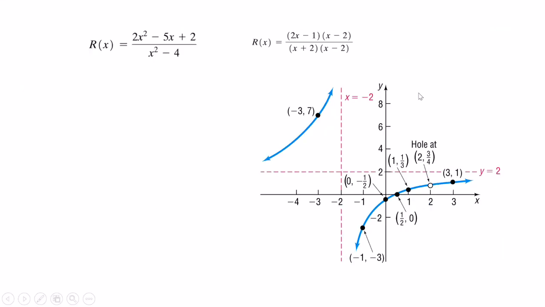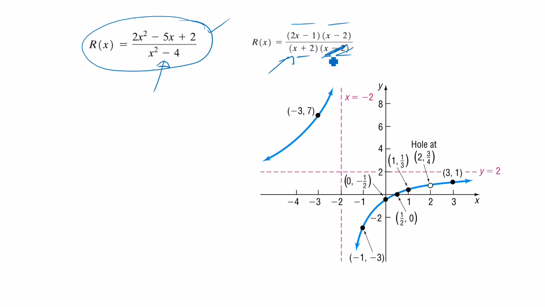Now the last type of problem is one where you want to watch out if there's a cancellation in the numerator and denominator. So here's another rational function. We can factor x squared minus 4 into x plus 2 times x minus 2, and then factor the numerator into 2x minus 1 times x minus 2.